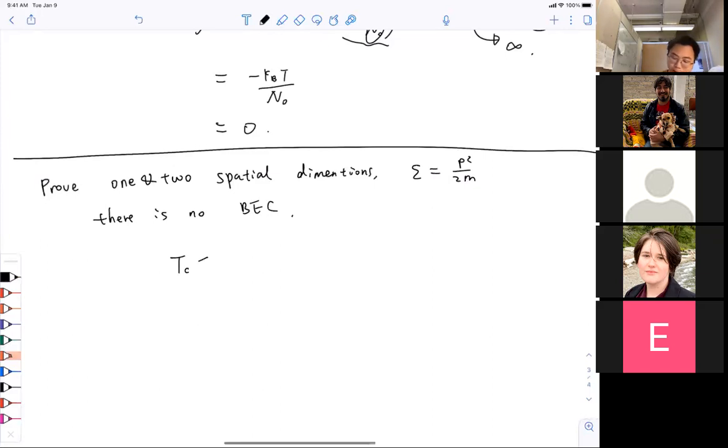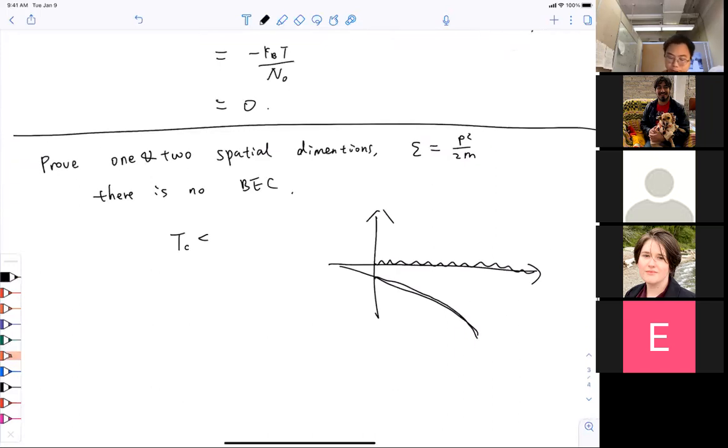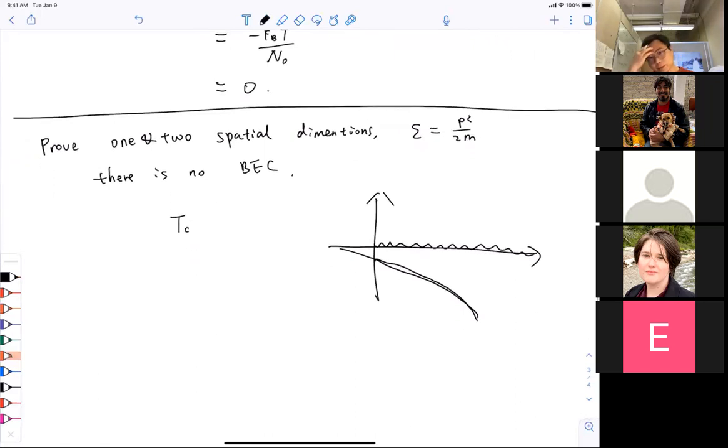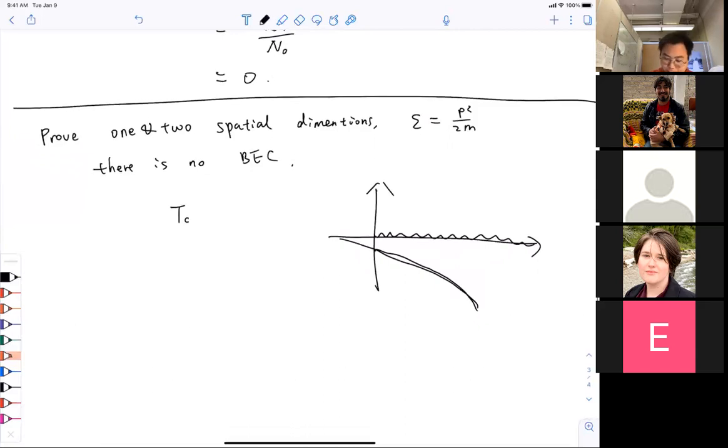For example, if you get a negative TC, meaning that at the physical temperature regime your chemical potential is always negative, it will never reach 0, meaning that there's no BEC, right? So the point is to calculate TC. This is the only calculation you need to do to prove this statement, right? I hope it's clear. Okay, so let's work it out. Let's first look at the 2-dimensional case.